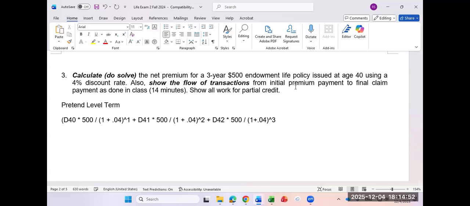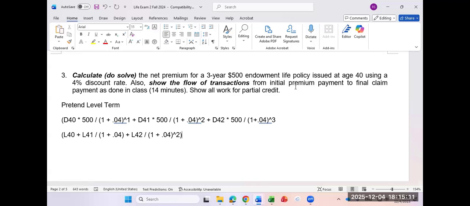And the denominator, I haven't finished the numerator yet. We'll get back to it. But then the denominator looks exactly the same as before. L40 plus L41 divided by 1 plus 0.04 plus L42 divided by 1 plus 0.04 raised to the second.